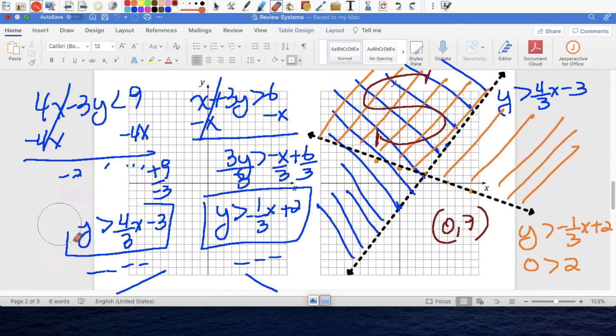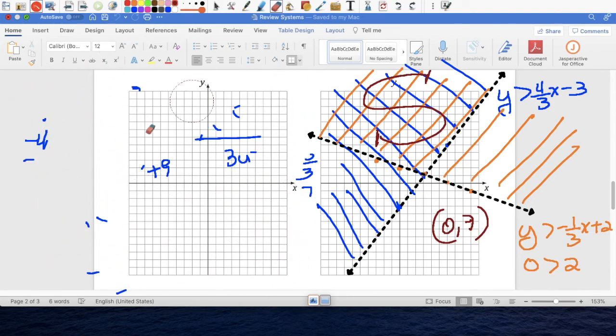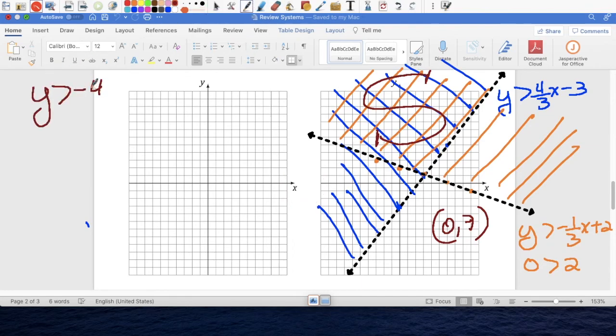So let me place that in both inequalities. First inequality, y greater than 4/3 x minus 3. So I place 0. 4/3 times 0, times 7.